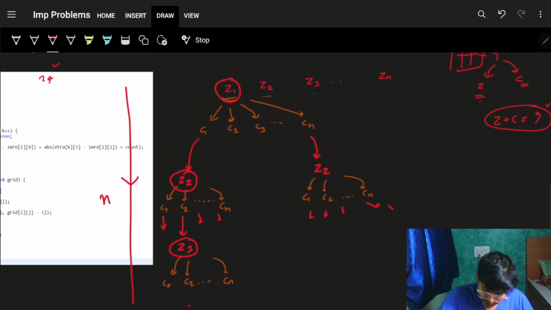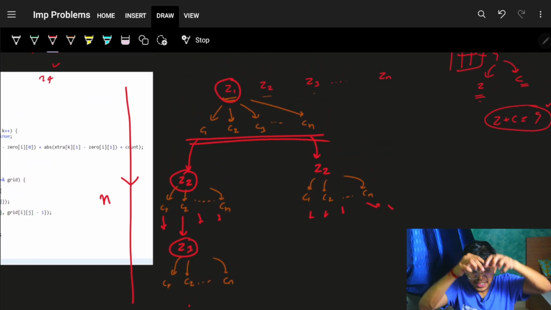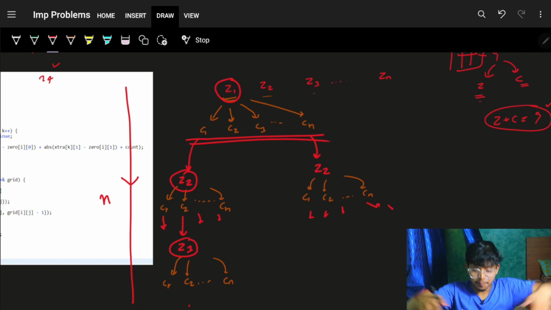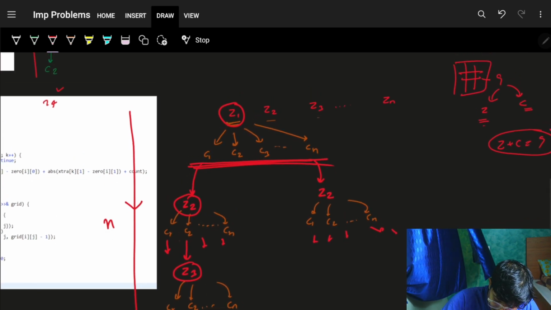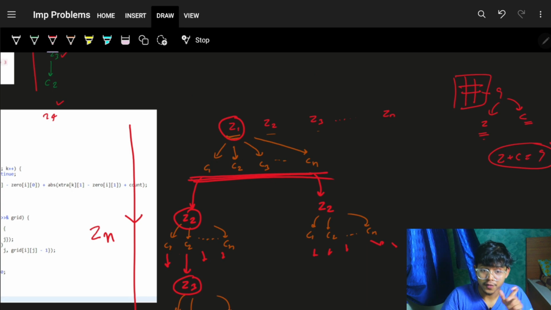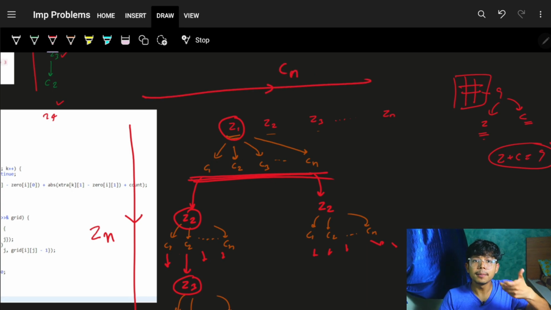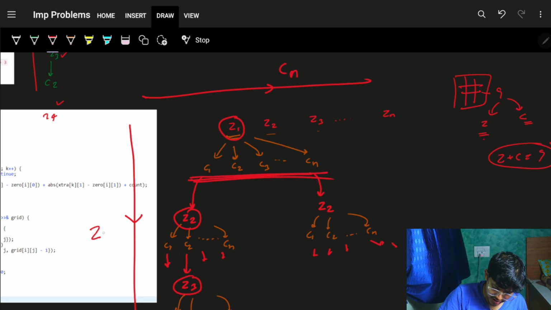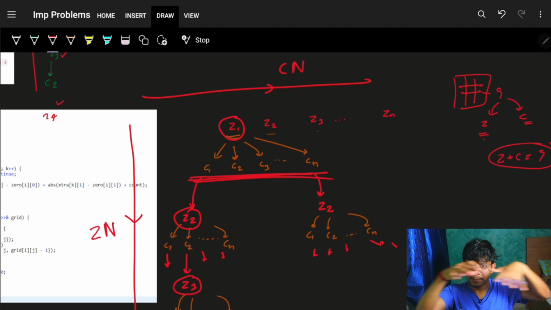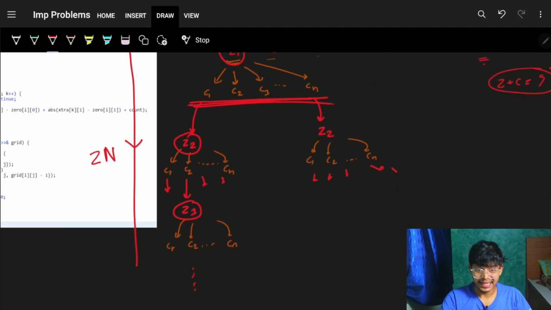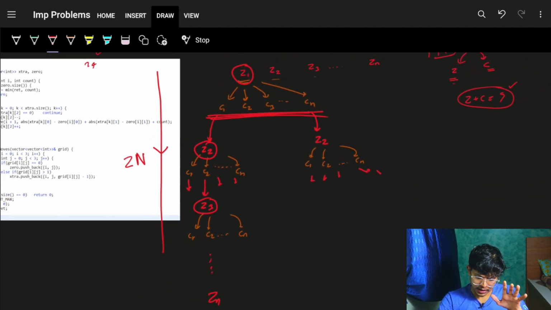But you know that the tree width is dependent upon the number of branches. The number of branches we have is, again, for reference of Zn and Cn, right? It is just the breadth of my entire recursive tree.